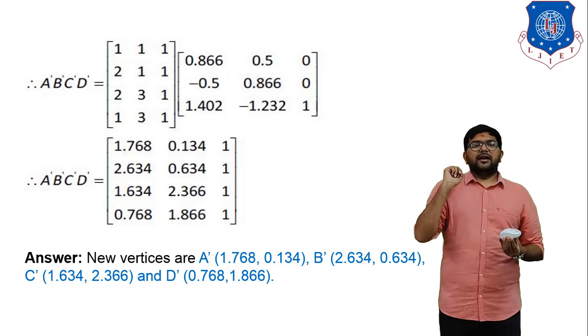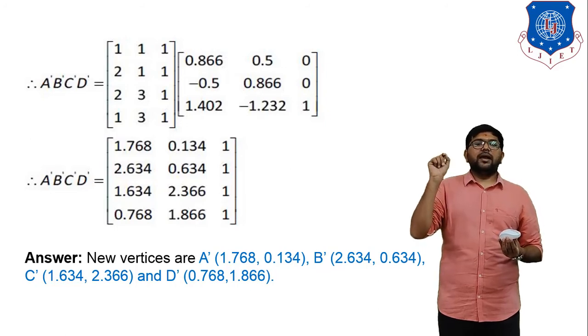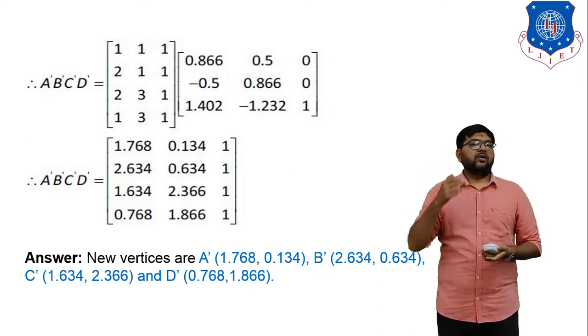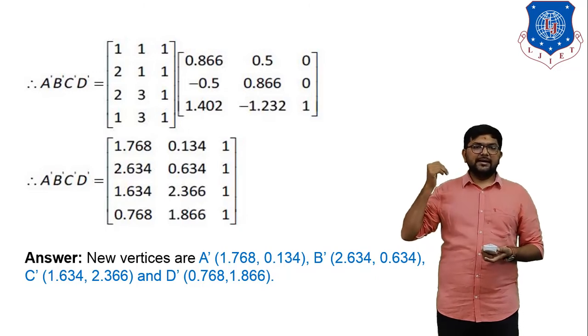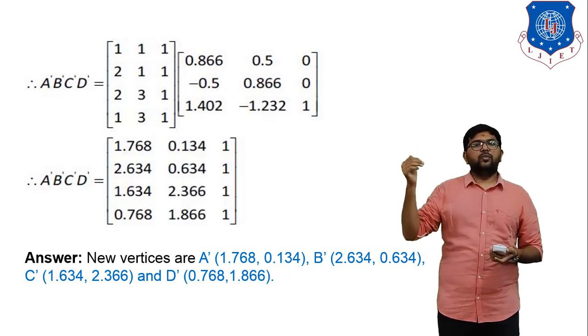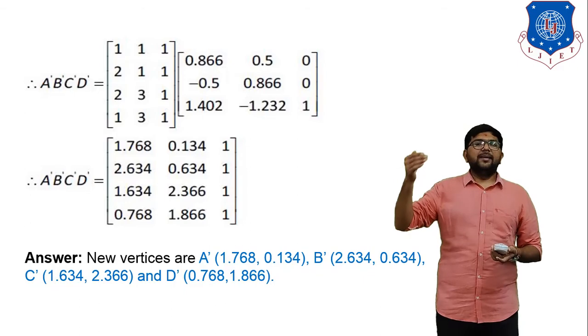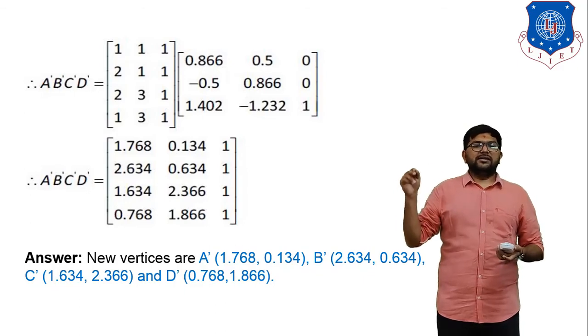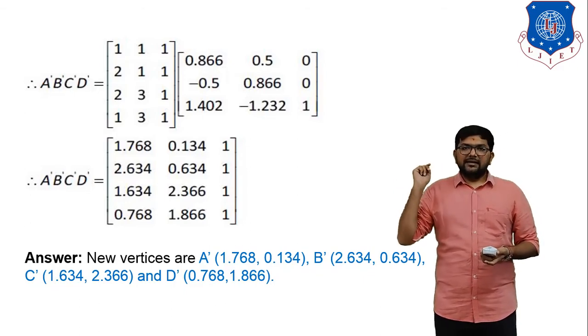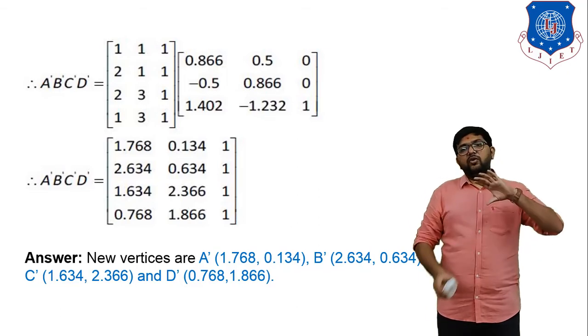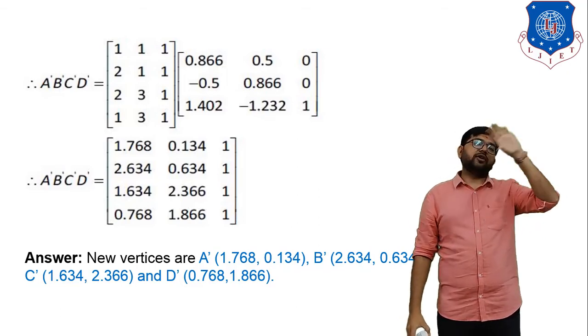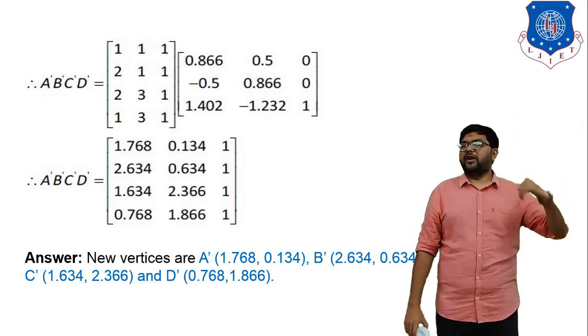Coordinates of B dash are 2.634 and 0.634. Coordinates of C dash are 1.634 and 2.366, and point D dash is 0.768 and 1.866. This is the answer for the new coordinates after the rotation of the rectangle about point P.